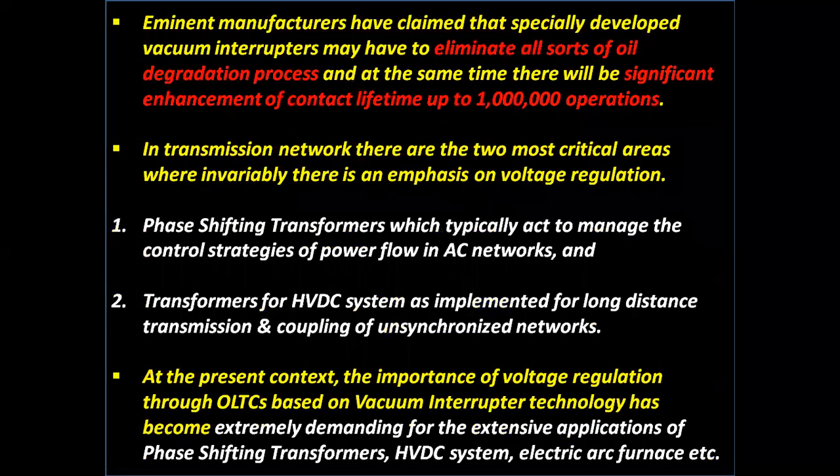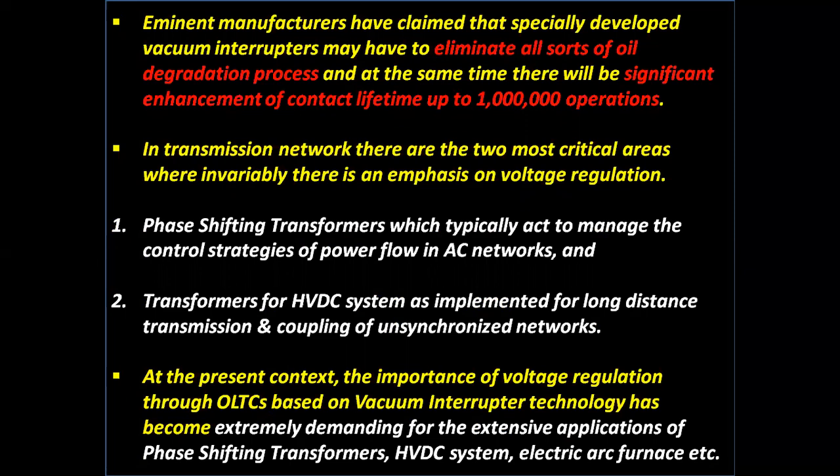Eminent manufacturers have claimed that specially developed vacuum interrupters may eliminate all sorts of oil degradation processes, and at the same time there will be a significant enhancement of contact lifetime up to 10 lakh operations.